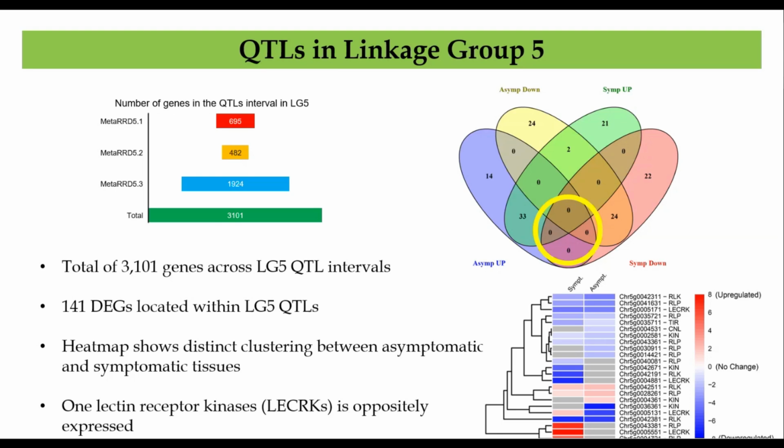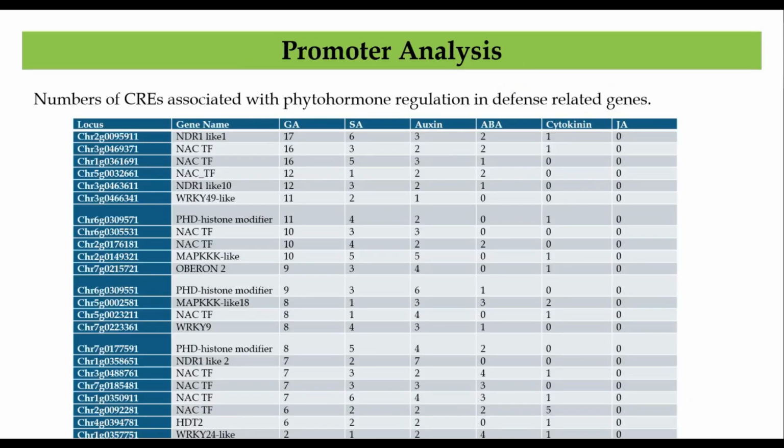One of the genes that I showed in the previous slide as one of the 5 genes that are differentially altered is represented here, with its differential expression profile. It is induced more in asymptomatic, which is this gene down here. So we did promoter analysis of those differentially expressed antiviral genes to see what cis-regulatory elements are controlling those genes.